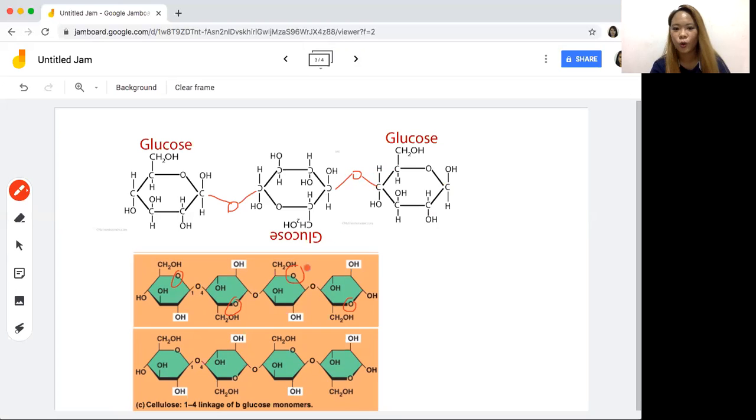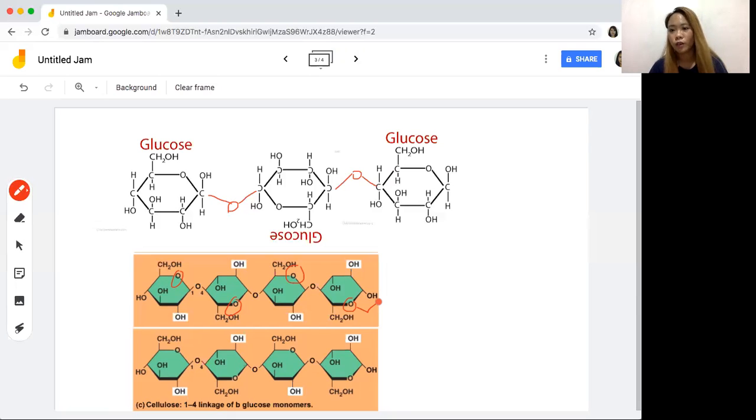Okay, so that's what happens here. The beta 1,4 is formed upwards here, and then here it goes downwards. Here it goes upwards, and then here it will eventually go downwards. So it's alternating up and down between the glycosidic bonds.